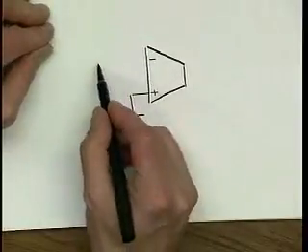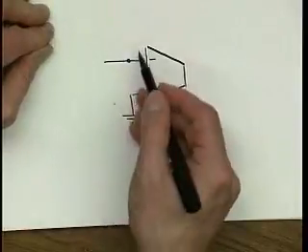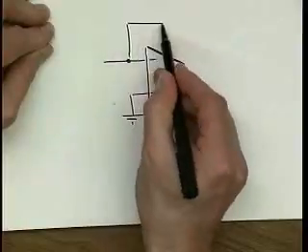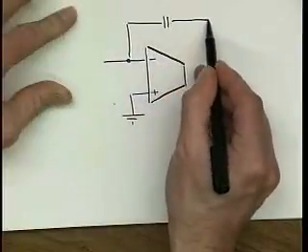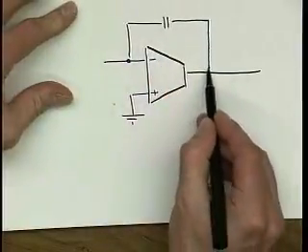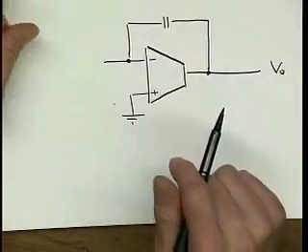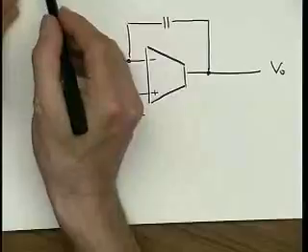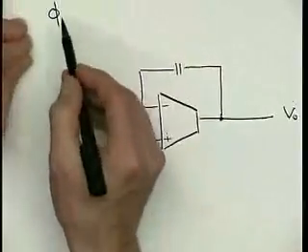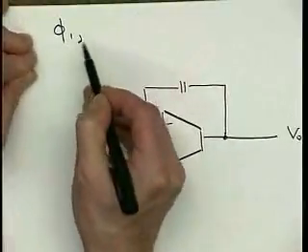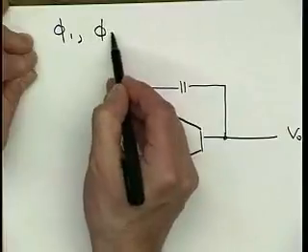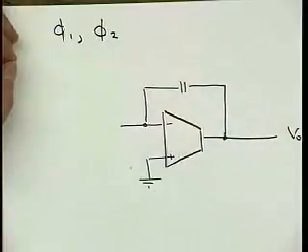So this circuit now has to run from a clock, and I'll show what the clock is later, but I call it a non-overlapping two-phase clock, and the clock phases are called phase 1 and phase 2. Right? Like you have in digital circuits.